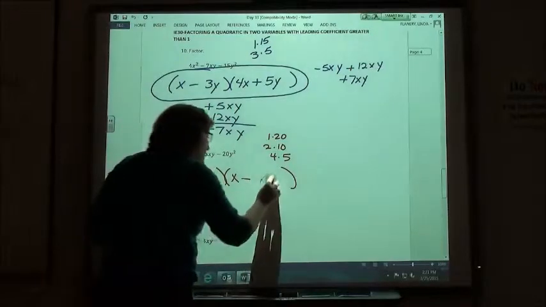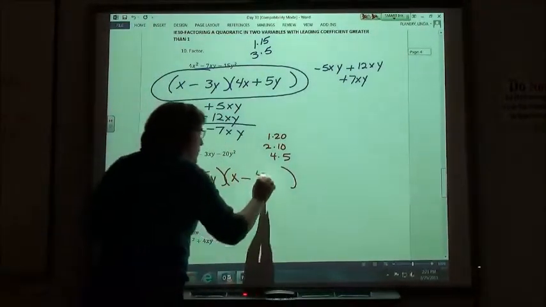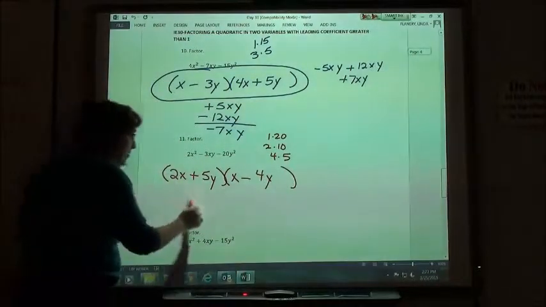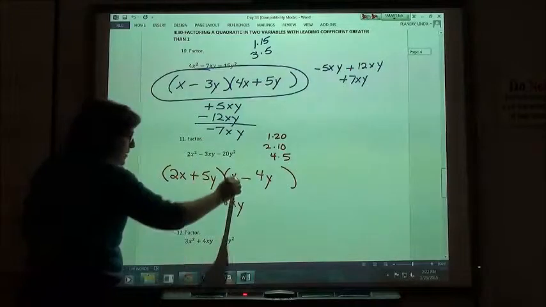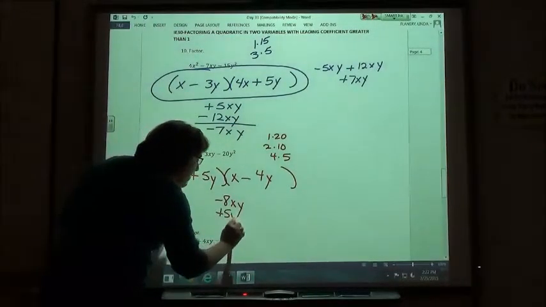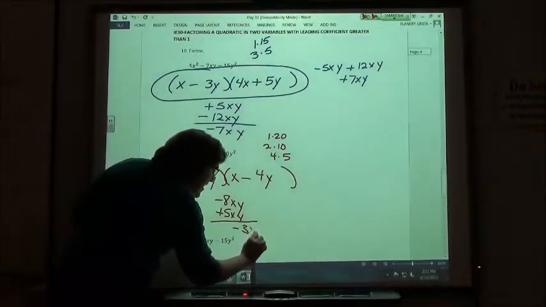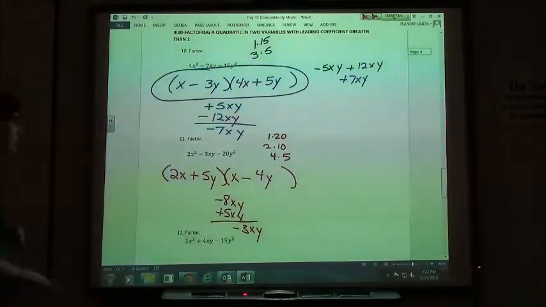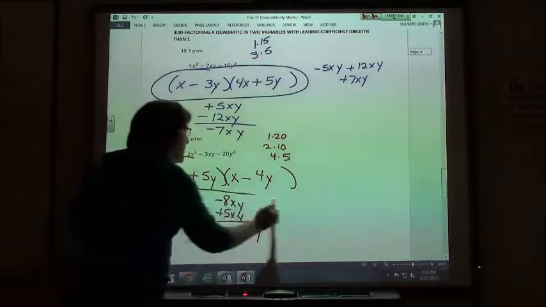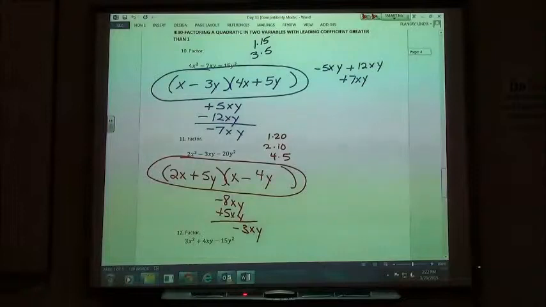I'm going to put my 5y first and then my 4y. 5y and 4y. So my outside product is negative 8xy. My inside product is positive 5xy. Negative 8 plus 5 is negative 3xy. Sure enough, negative 3xy is what we want. So 2x plus 5y times x minus 4y is going to end up being your answer.